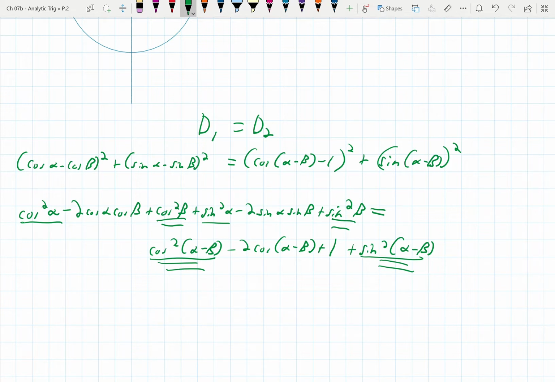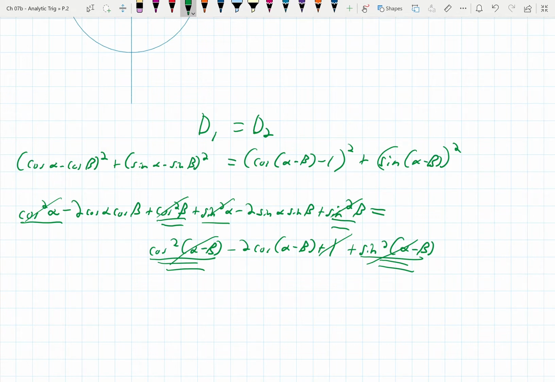Bye-bye. They're gone. All this crosses out because that, this, and that 1 cancel each other out, left and right sides. Then you actually have a situation where you have coefficients that are all -2, which means those can go away. We can factor a -2 out of both sides and divide those out.